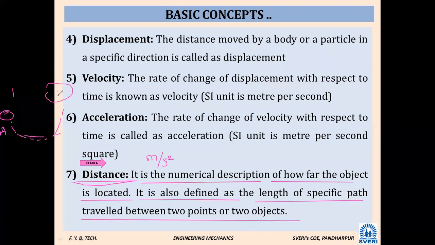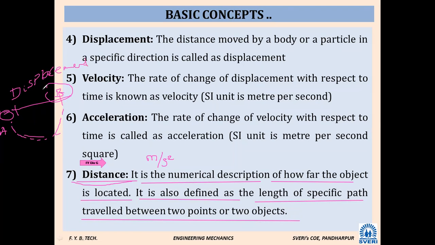So to a point B. This actual curved path from A to B is called as distance. Initially the object was at point A, now the final position is at B. The shortest distance between A and B is called displacement.